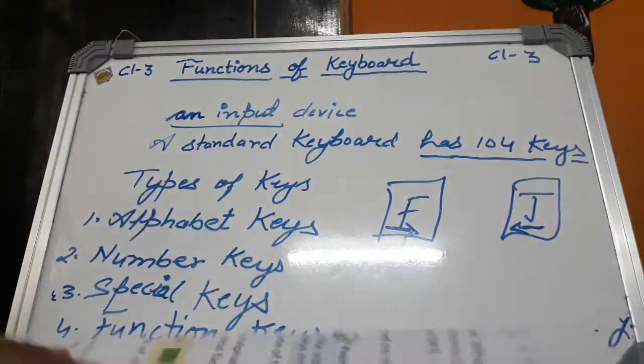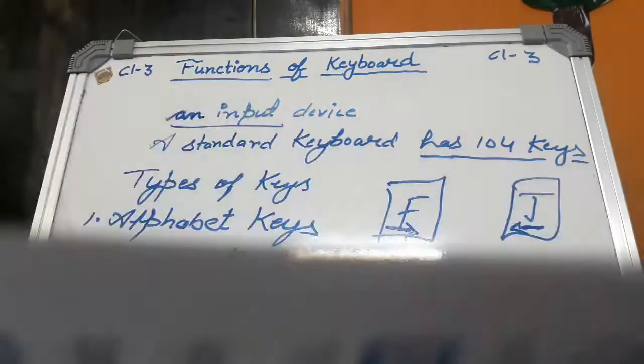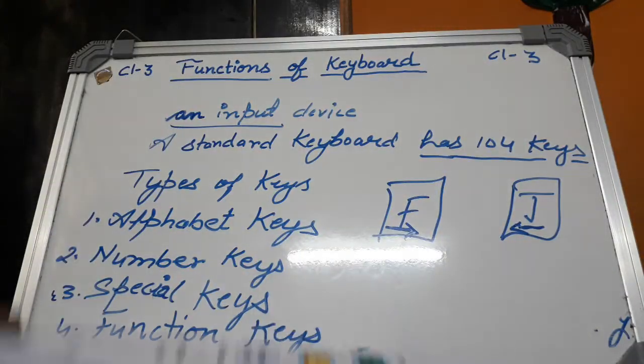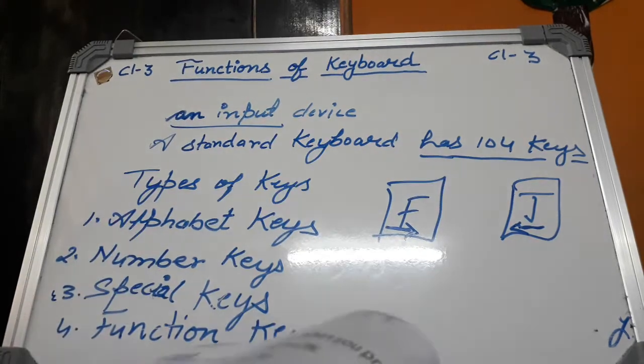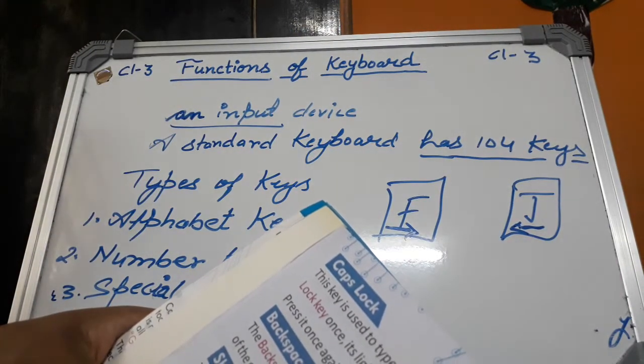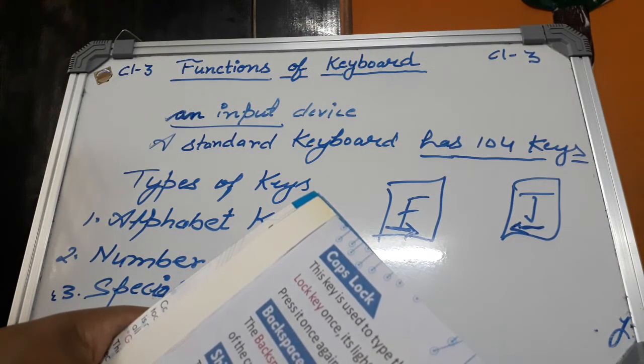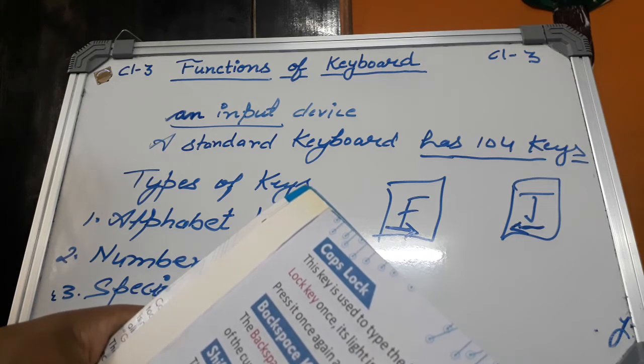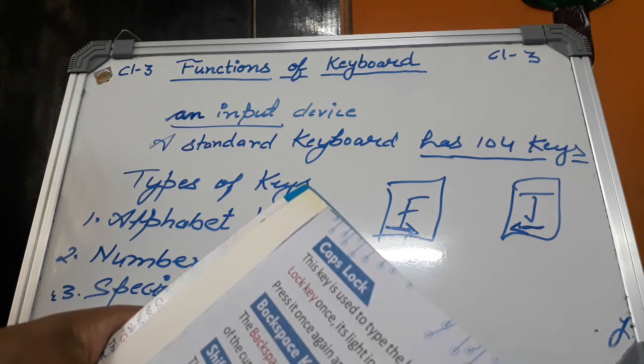Okay, now turn your page. Now see in page number 20, caps lock key. Caps lock key is also a special key. This key is used to type letters in capital case.